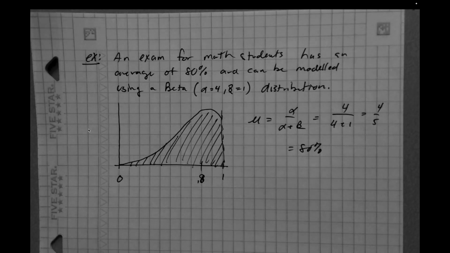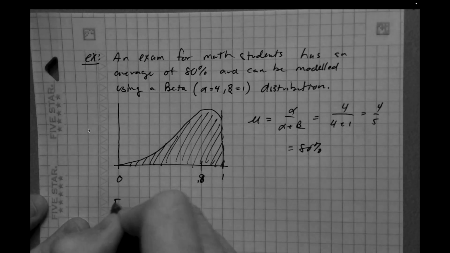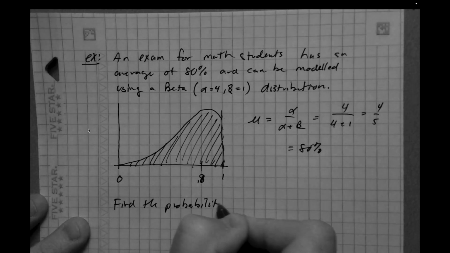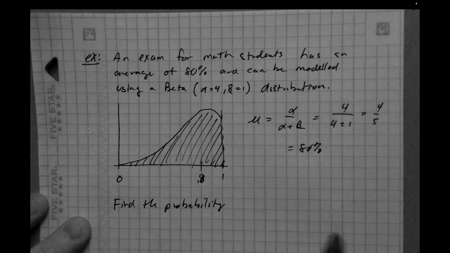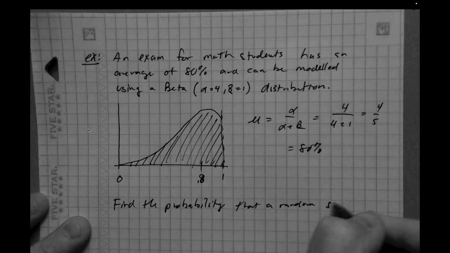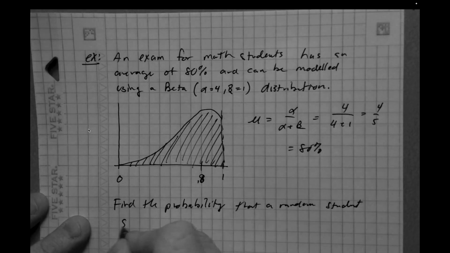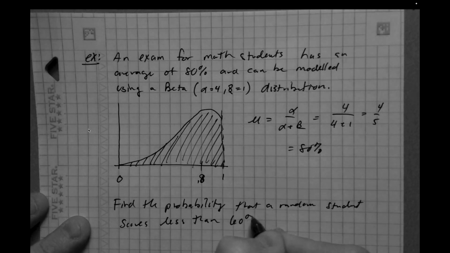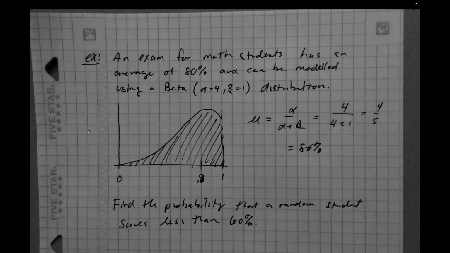Given that, now, what's the question here? Well, let's find the probability that a random student scores less than 60%. Okay, so that's what we want.